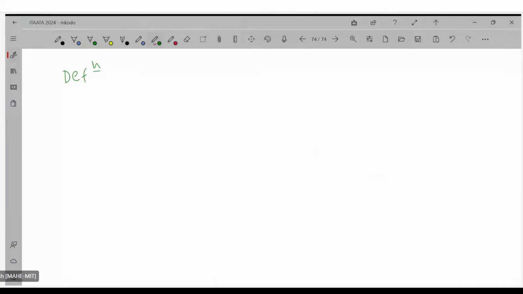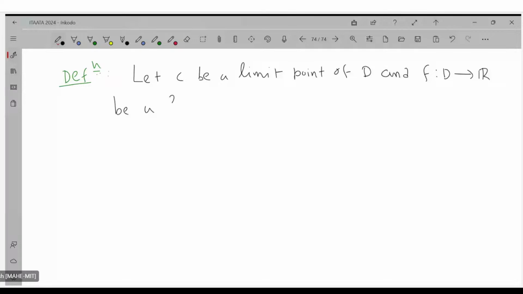So again, let C be a limit point of D and f from D to R be a function.